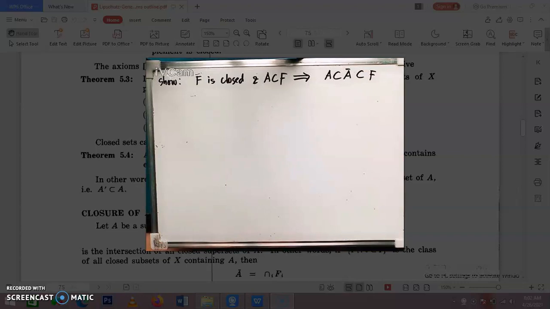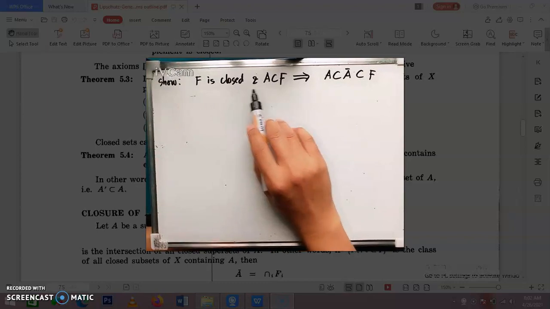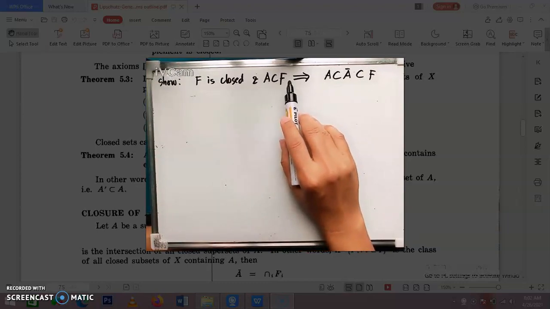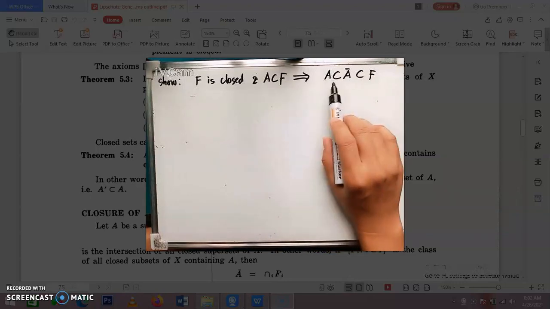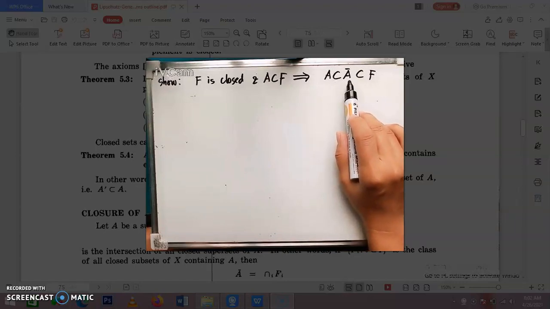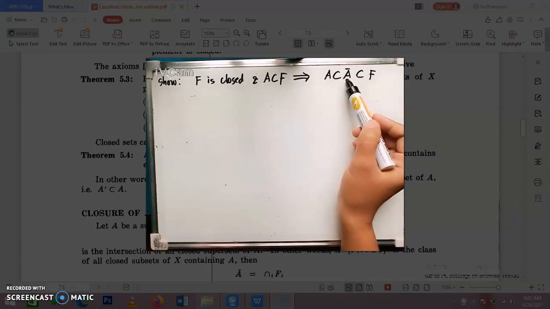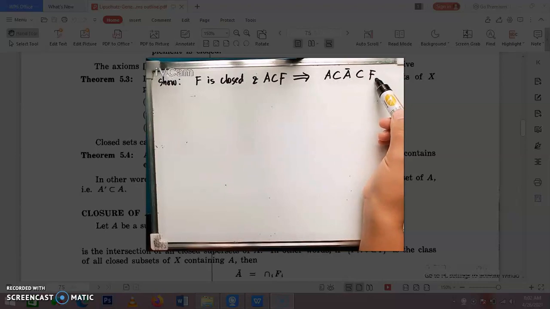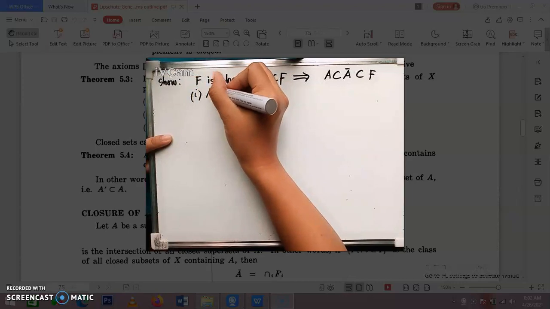Next, we will show that if F is closed and A is a subset of F, it means a closed set containing A. It implies that A is a subset of A closure and the A closure is a subset of F. So, the closure of A contains A and the closed set contains the closure of A. To show this, we will show two statements.